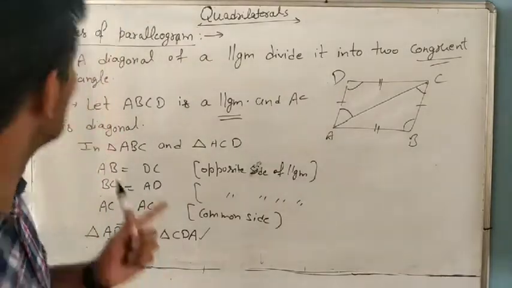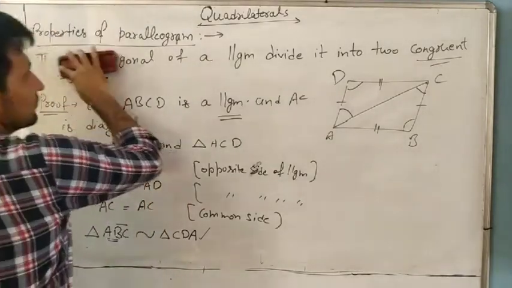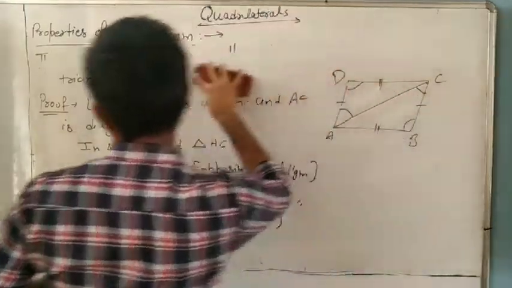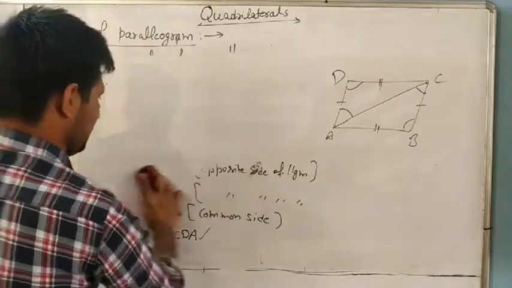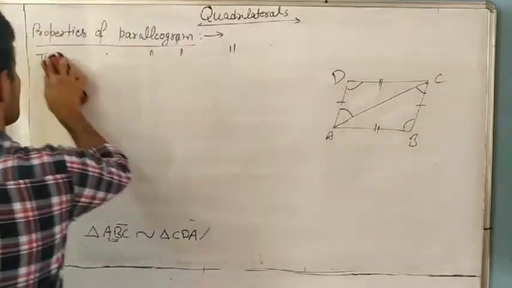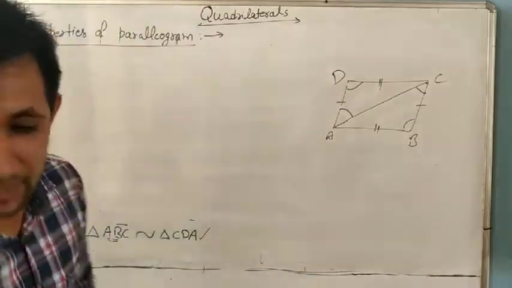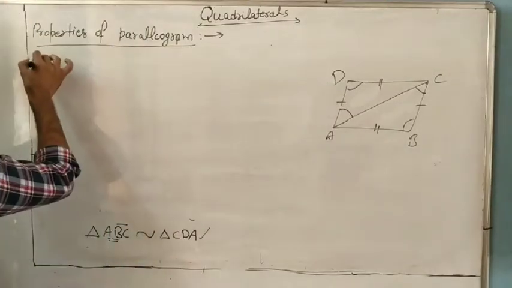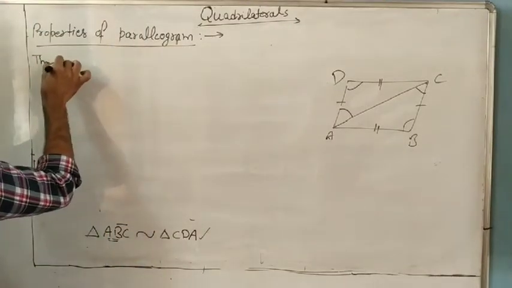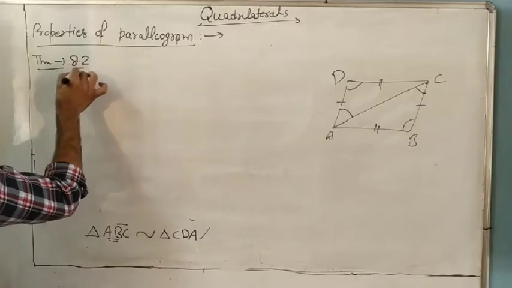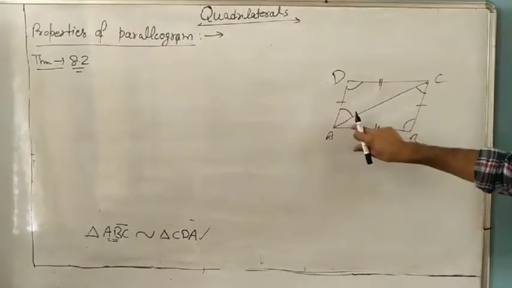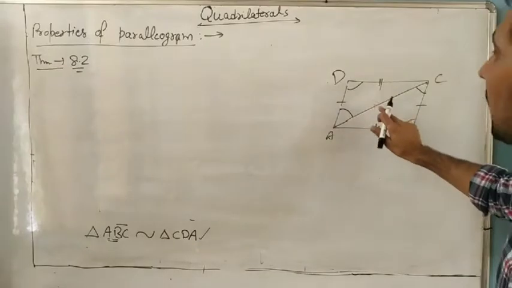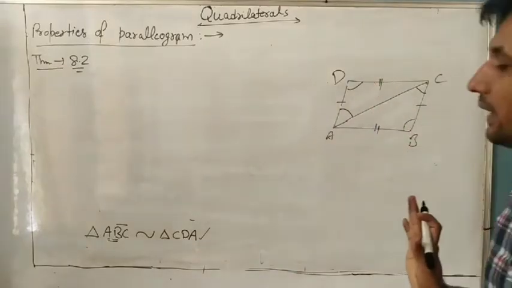Next, theorem 8.2. What is 8.2? The first theorem is the diagonal of the parallelogram always divides it into two congruent triangles.